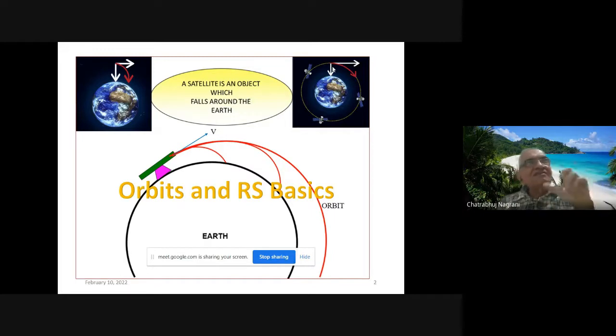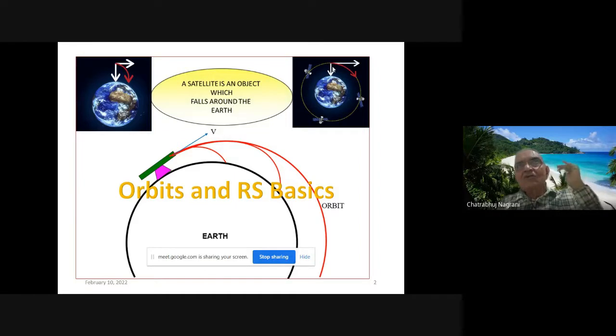So where the satellite will go, you balance these two forces, centrifugal force and gravitational force, and you will get a value of r. Depending on what velocity you have given, it will go in that orbit r, because r and v will be fixed automatically. Once r and v are fixed, the period is fixed, the height is fixed. R is height, so period and r will be fixed.